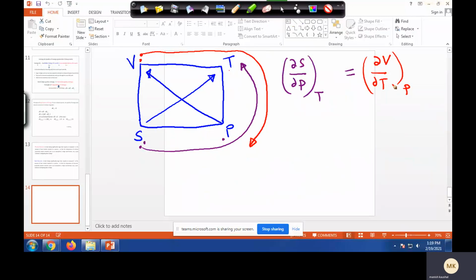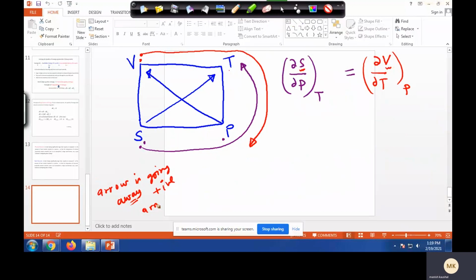And what about signs? So here we have S, here we have P. If the arrow is going away, then plus sign.